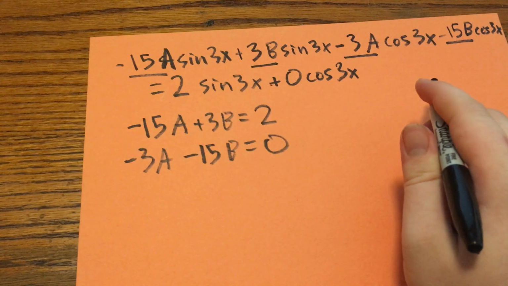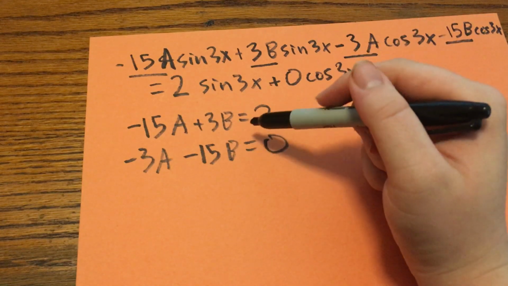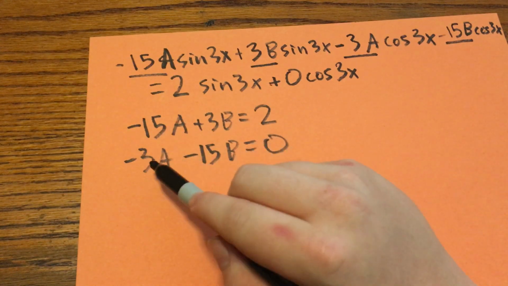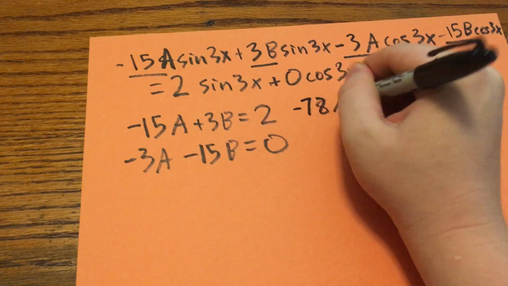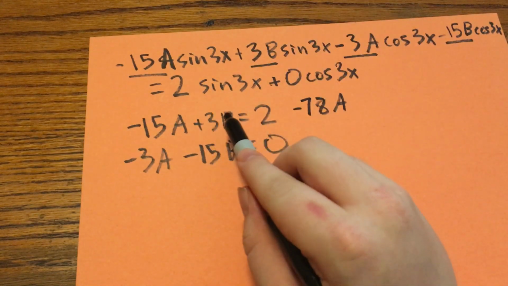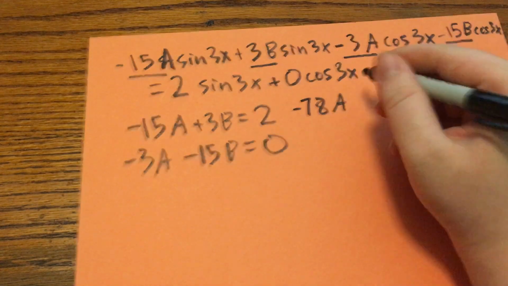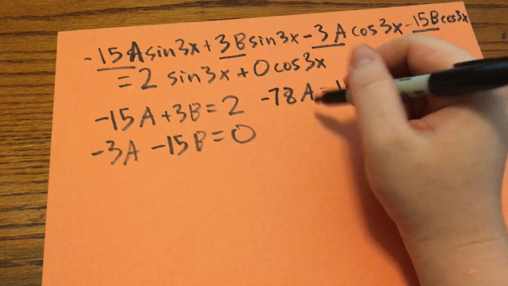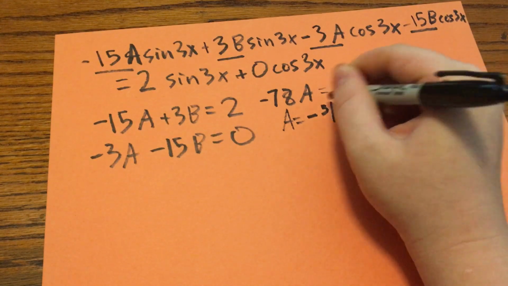I think the best way to do this would be to multiply the top by 5 and then add that to the bottom. So we get negative 15 times 5, which is negative 75, minus 3 is negative 78. So negative 78a plus 15b minus 15b is 0, equals 10 plus 0, so equals 10. Divide both sides by 78, and you get a equals negative 5 over 39.